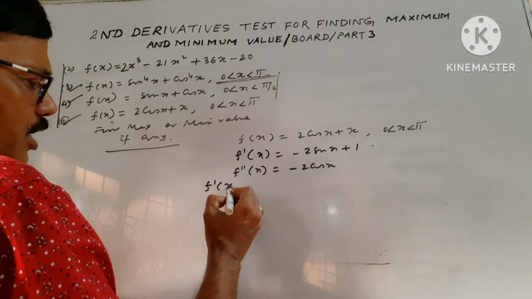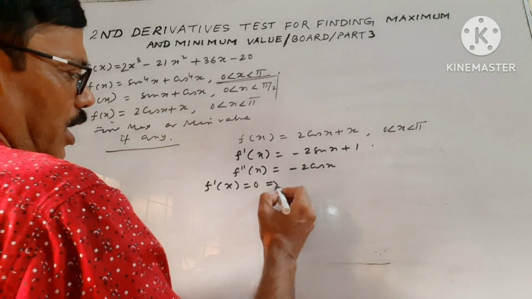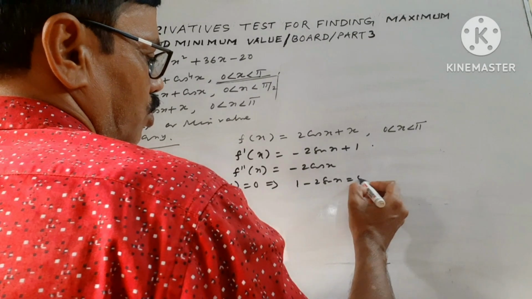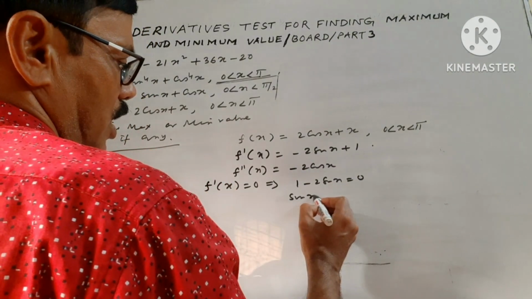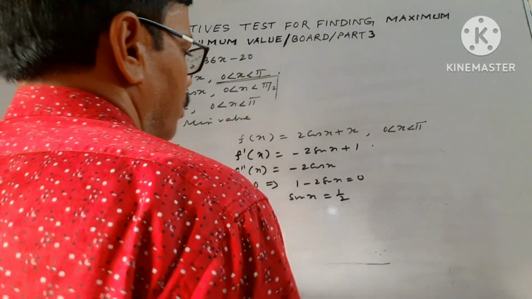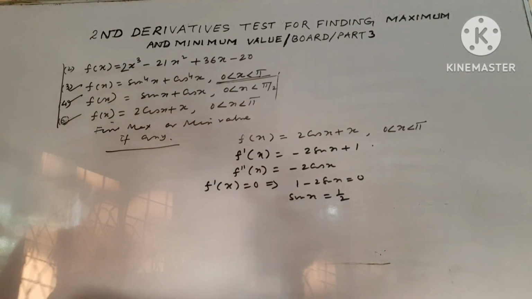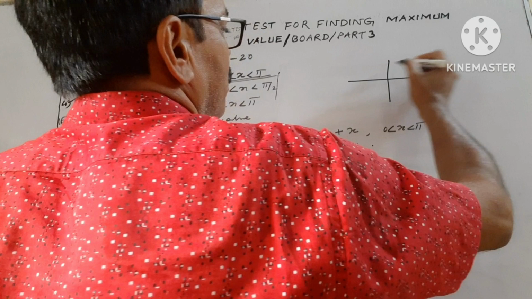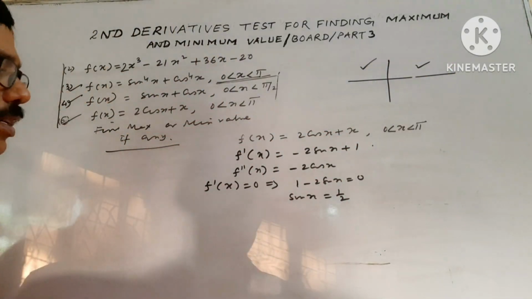So f dash x equals 0 implies 1 minus 2 sin x equals 0, so sin x equals half. In 0 to pi, sin is positive in the first and second quadrant.